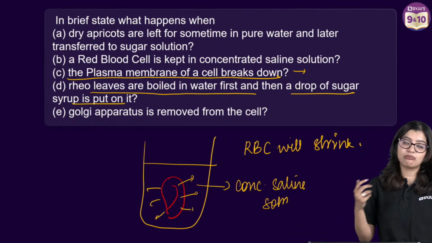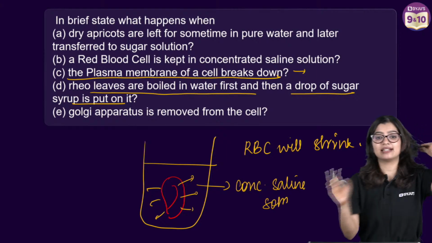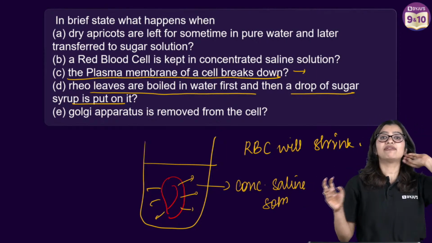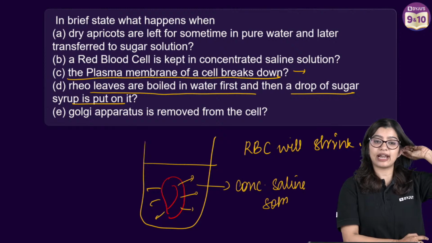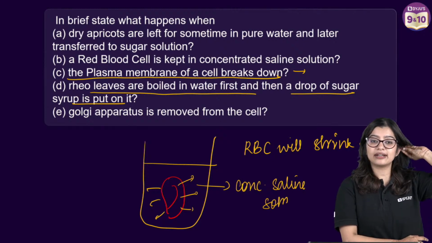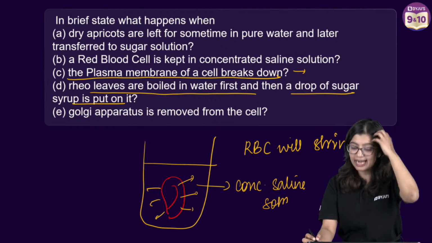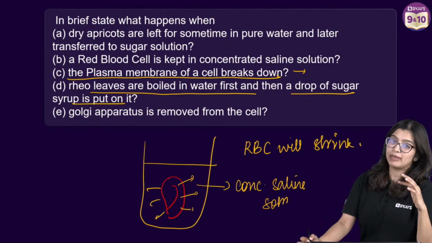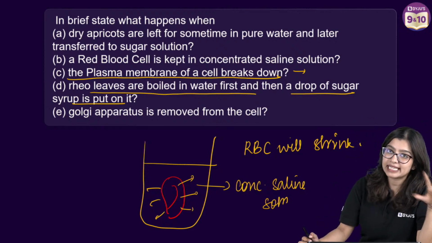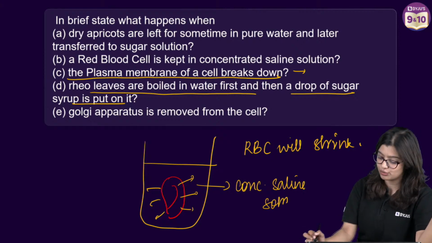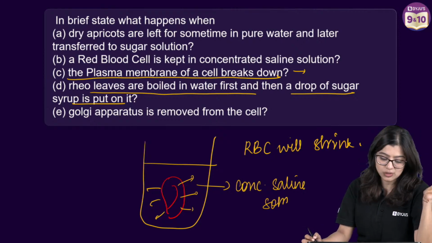See, if I boil the leaf, the cells have died. If the cells have died, will they do exosmosis or endosmosis? Can they do that? No. If the cell has died, there will basically be no intake. So here we'll see that in the dead part, the sugar solution will just exist, right? So that is one thing.